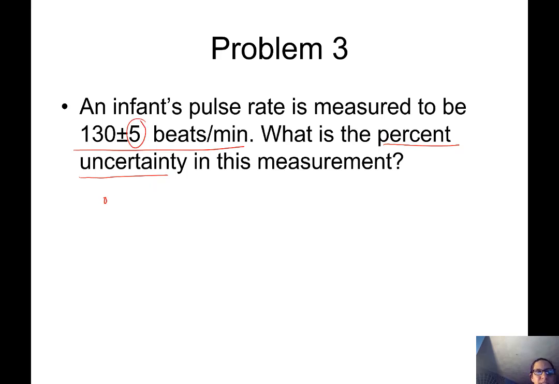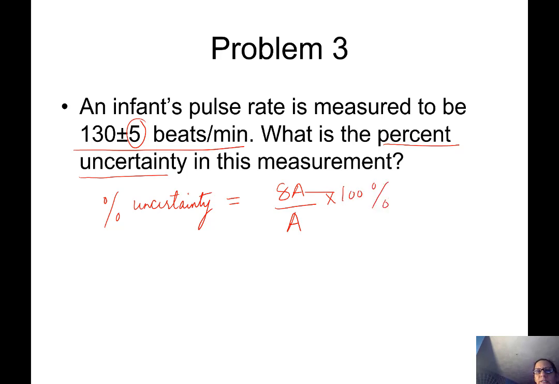In order to find the percent uncertainty in this number, you simply use this uncertainty, which we denote as delta A, over A, the actual number, multiplied by 100%.